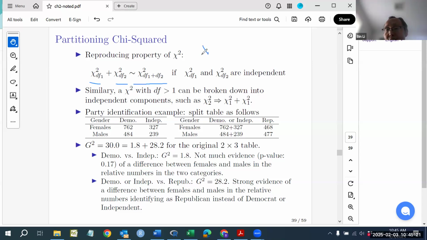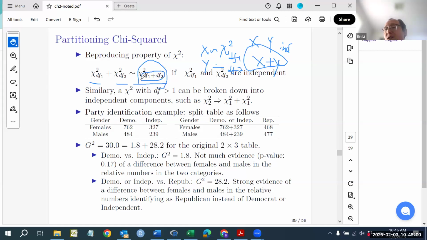Let's say x follows a chi-square with degrees of freedom df1, and y follows a chi-square with degrees of freedom df2. If x and y are independent, then what is the distribution for x plus y? It follows a chi-square where we can add the degrees of freedom. So that's the property of the chi-square, okay?